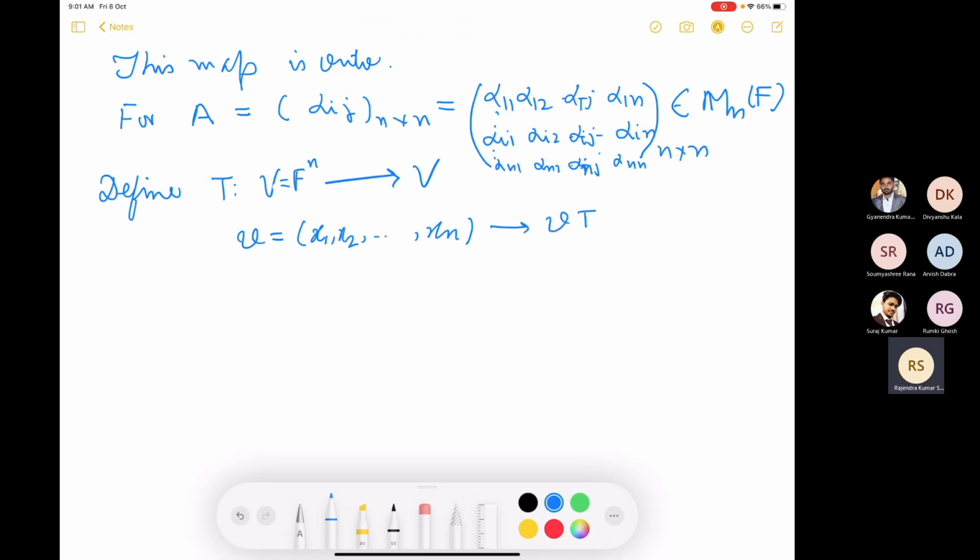And vT is what? vT is the product of the matrices. So this product of the matrix here you can take. So this is x1, x2, xn, and the matrix A. So this is 1 by n, this is n by n. Right?